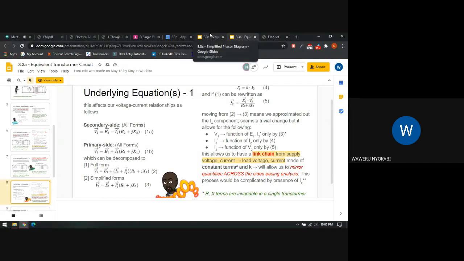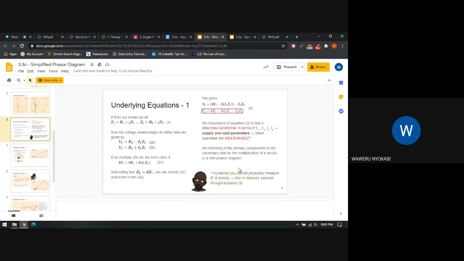So in the 5 minutes I have, I will quickly go through the section of this, which is the simplified phasor diagram. So now we've simplified our equivalent transformer diagram. So that means we can simplify our phasor diagrams.